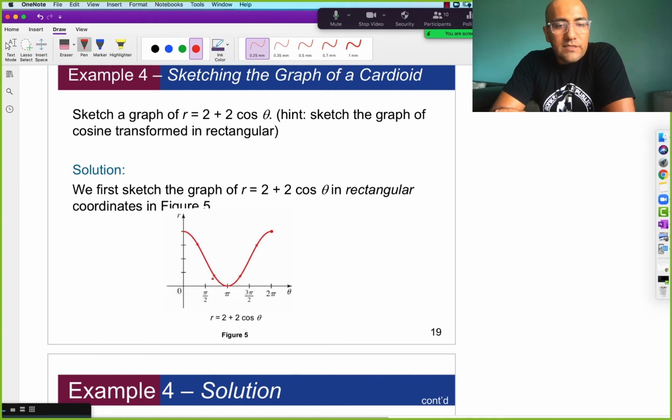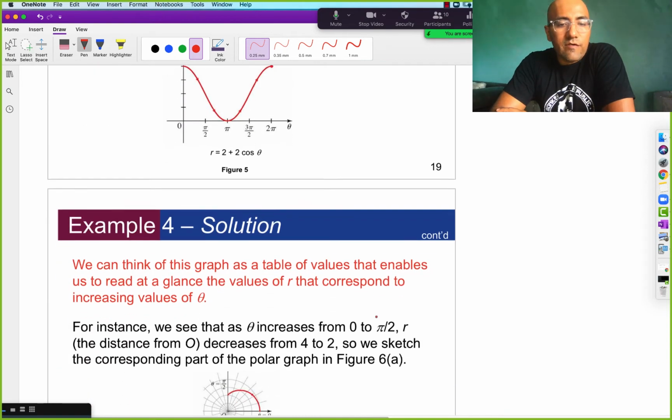This helps us get a few of the key ordered pairs, like when the theta angle is pi, the R value is 0. When the theta angle is 3 pi over 2, the R value is 2. So we can get some of those key values, but more importantly, it helps us gauge what the graph is going to do in different zones.